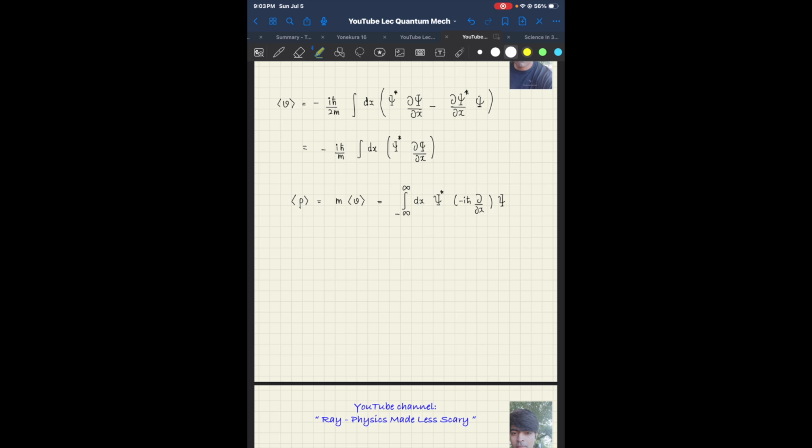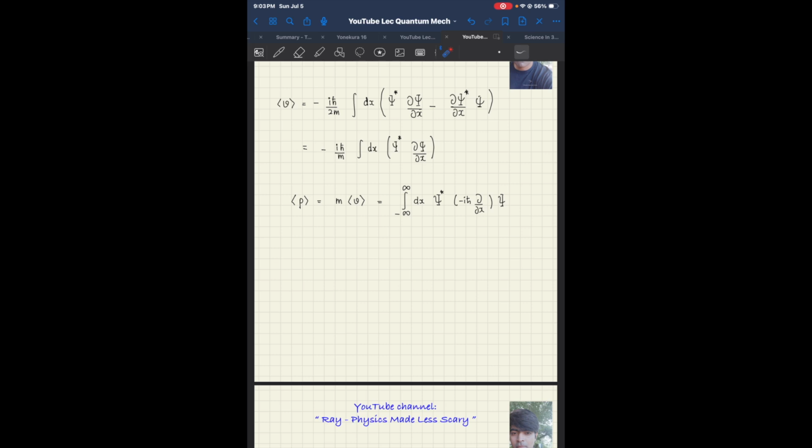What does it tell you? Well, it tells you two things. First, if someone gives you the wave function, it tells you how to find the momentum of that particle. This is the expectation value of the momentum, or loosely speaking, the momentum of the particle. And it tells you that if someone gives you the solution of the Schrodinger equation, this integral gives you the average value of the expectation value of the momentum of the particle.